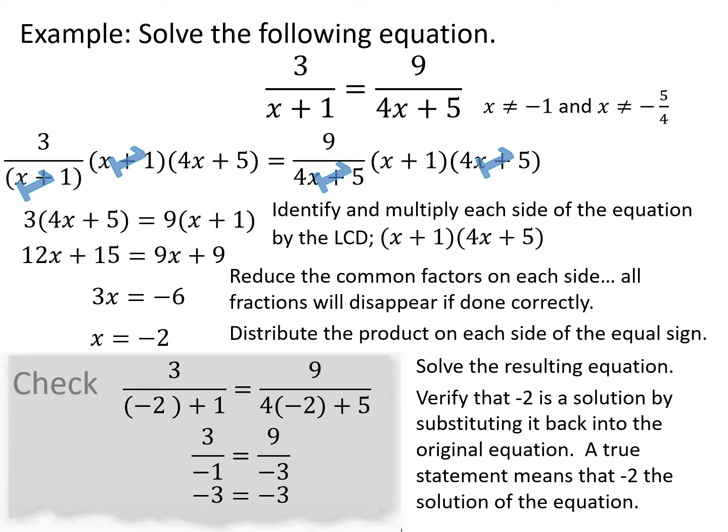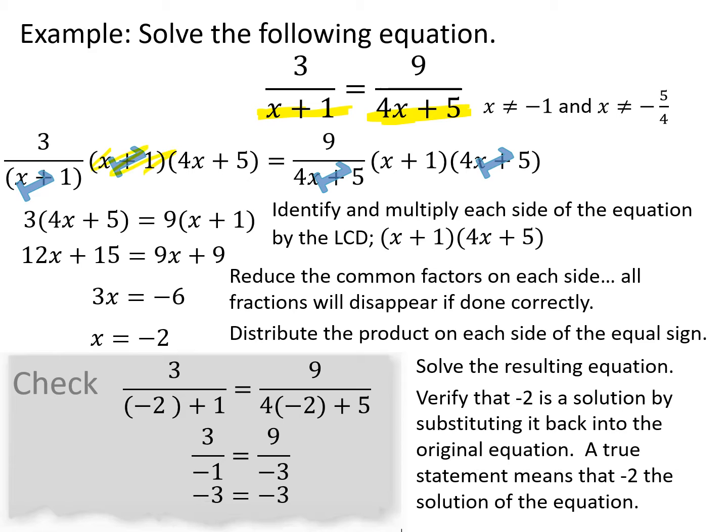There's an example here. In this example, I'm using a different method. It's using the LCD method or Fraction Busters method, and this method is not using the cross multiplying properties. You can see that your lowest common denominator in this example is the combination of these two.